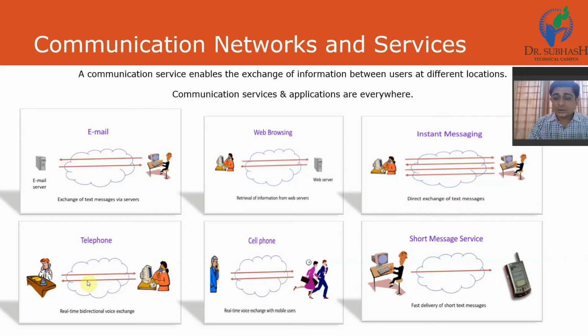Telephone: using this computer network architecture and facility, we can make a phone call from one person to another person, from one client to another client. That is possible using telephone, and that is real-time bidirectional voice exchange. At the same time, both people can exchange their voice data.